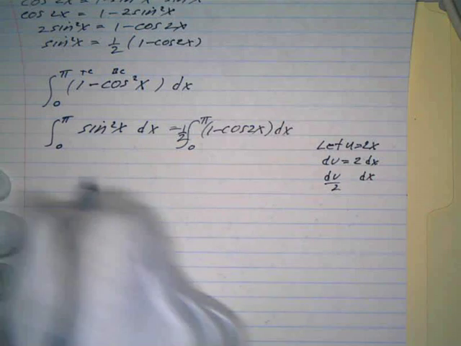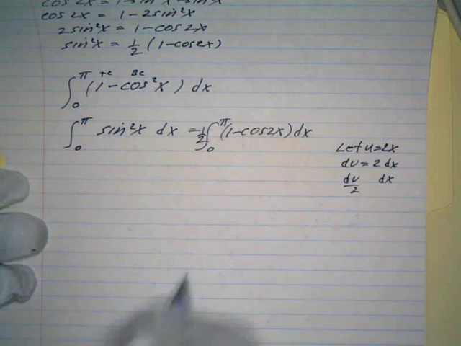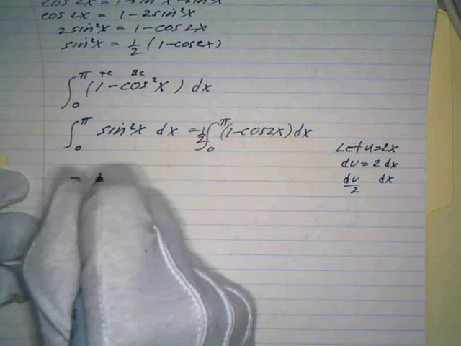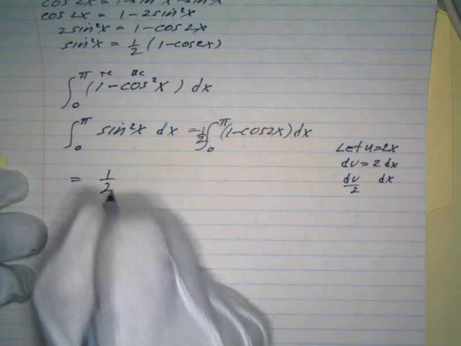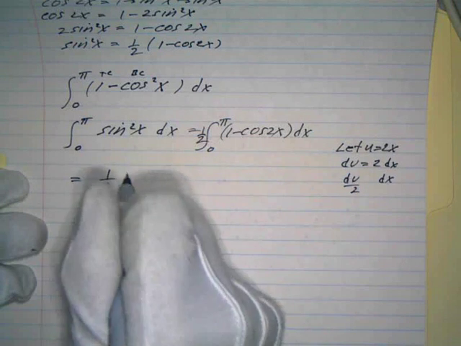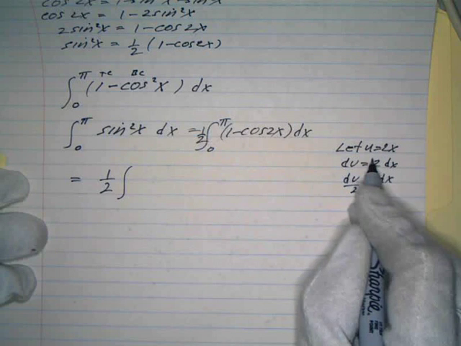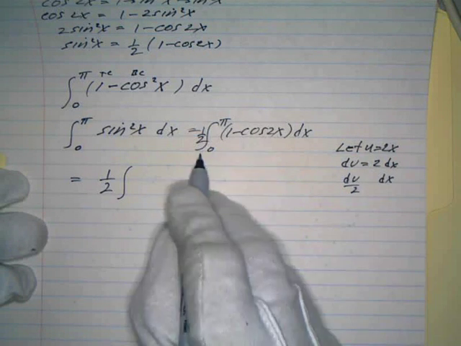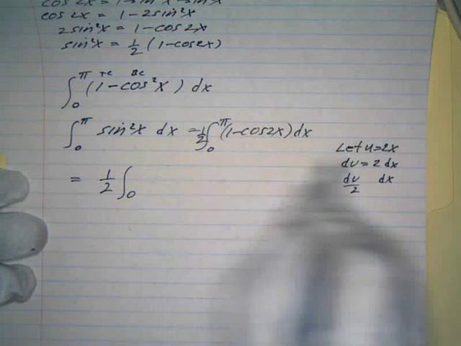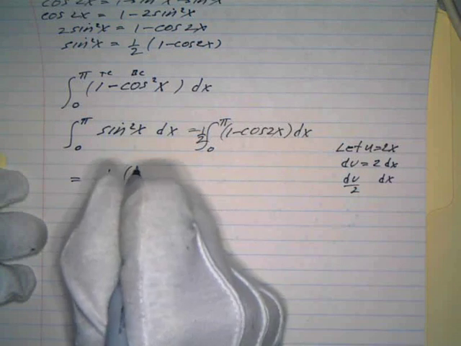This is going to equal 1/2 the integral. If I put u equals 2x in there, 2 times 0 is 0, so that's not going to change, but if I put pi in here, 2 times pi is 2 pi.